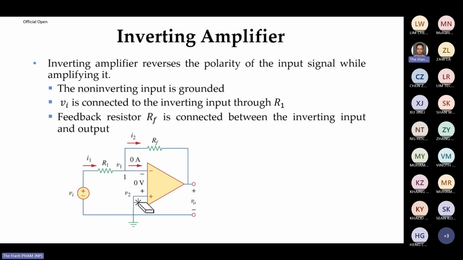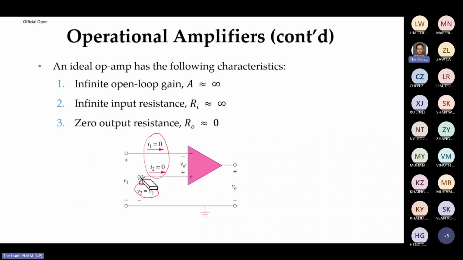Look here, V2 should be 0 volts because you link it to the ground. Now V1 must also be 0 because the voltages at the two terminals are the same.